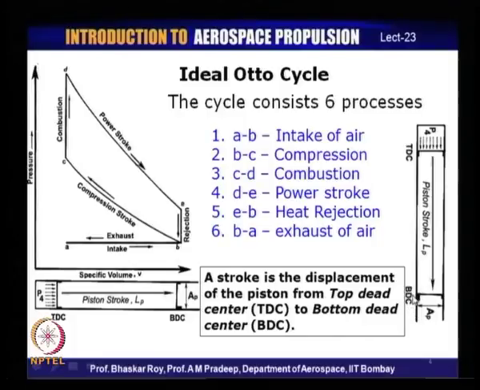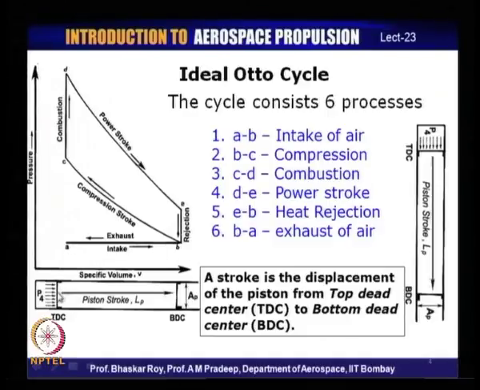The names stuck, though the pistons are not necessarily always in upright position, quite often they are in horizontal position like this, but the names TDC and BDC have remained for almost 100 years, and people continue to use those terminologies.